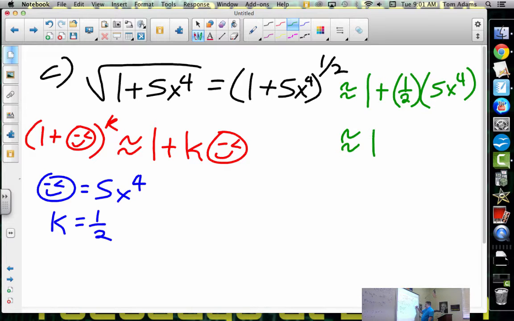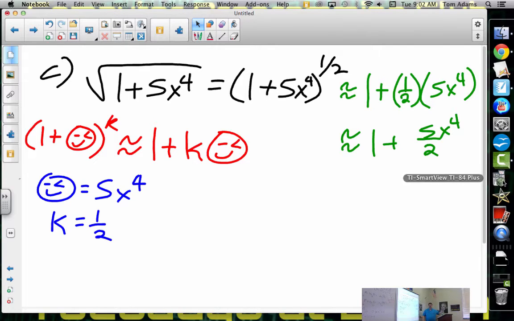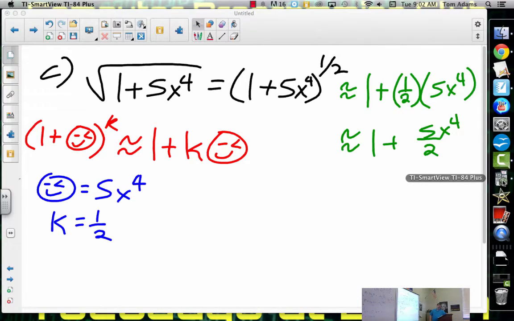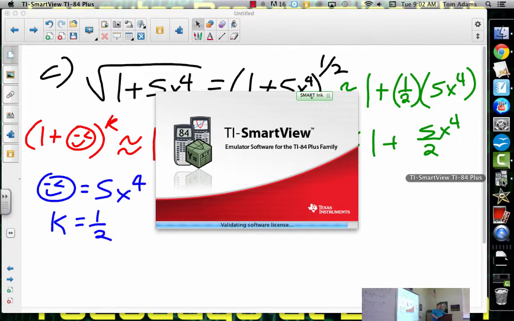And that reduces down to 1 plus 5 over 2 x to the 4th. That's pretty easy. Now you can see the value in this if you had something raised to like the 27th power, and you had arbitrary values for x. If I let x equal 2, it would be 2 to the 4th power times 5 and all that stuff. So let's double check and see how close we are with the approximation.